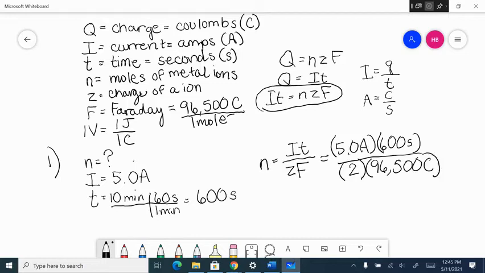So notice that amps is coulombs per second times seconds, so seconds cancels out and leaves us coulombs. And then coulombs cancels out here, and we're left with units of moles. So 1.6 times 10 to the minus 2 moles of copper.